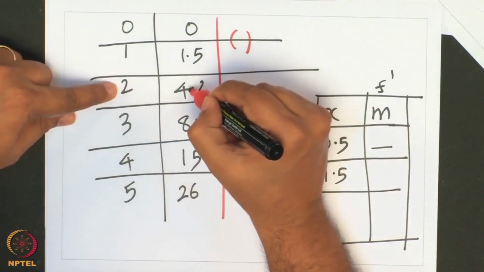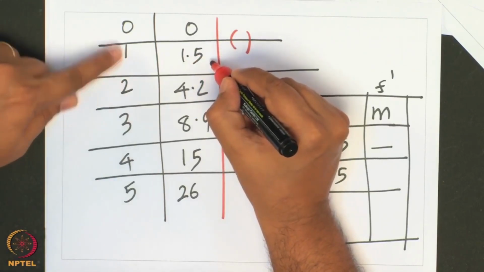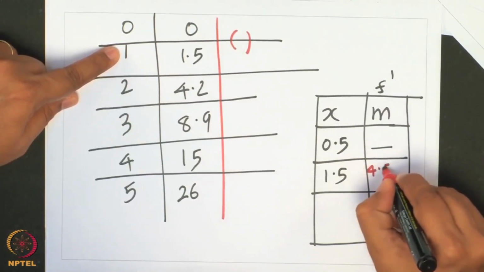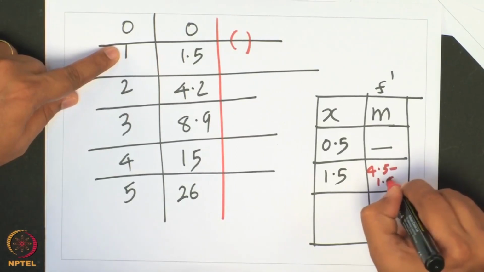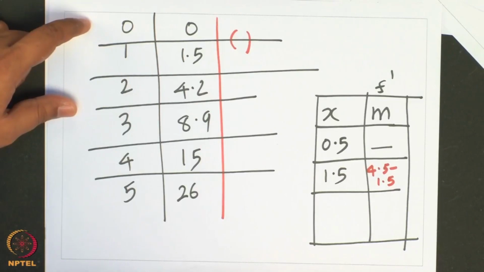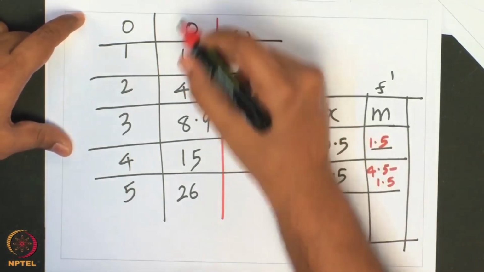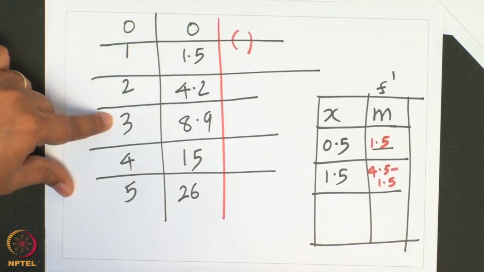So I could write 4.2 minus 1.5 divided by 2 minus 1. 2 minus 1 is 1. Here I could write 2.7. So this is correspondingly 1.5 minus 0.